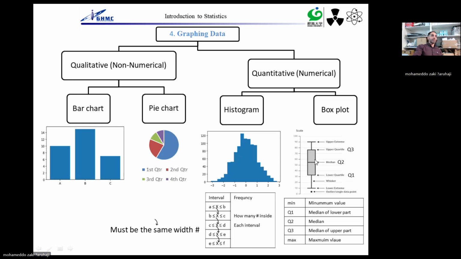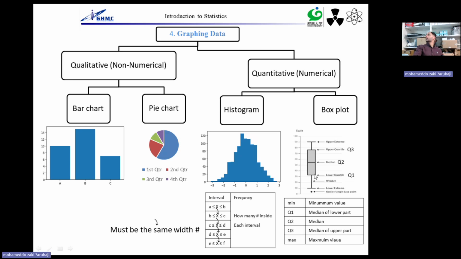I need to divide it into 3 quarters. First, I need to find my median. As soon as I find my median, I can divide the data set into upper and lower. I define the upper part as this part, and the median of my upper part is this line.